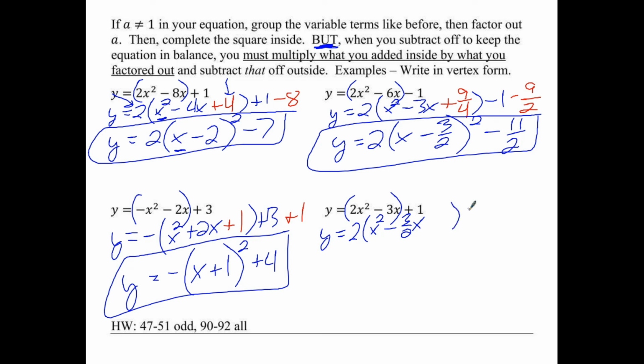Okay. The 1 is untouched. All right. Now what? Half of 3 halves is 3/4. Then square it. 9/16.